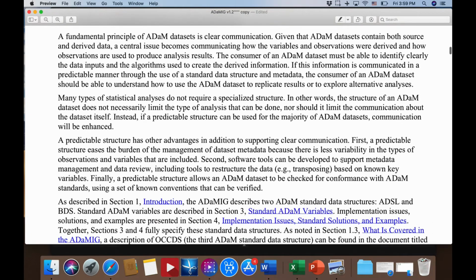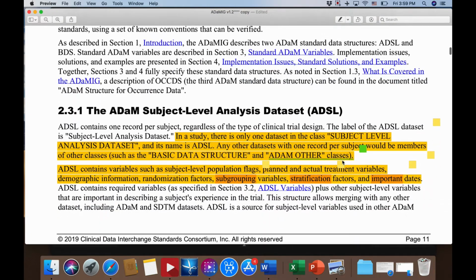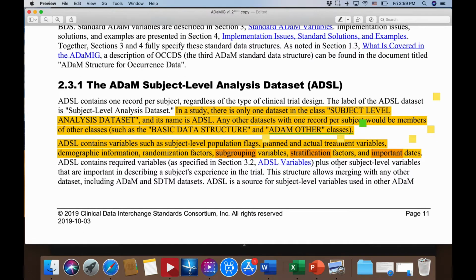About ADaM data structures, there are three sets of data structures, as I mentioned before: ADSL, OCCDS, and BDS. Be aware that there's only one dataset called ADSL. Any other datasets with one record per subject would be members of other classes.